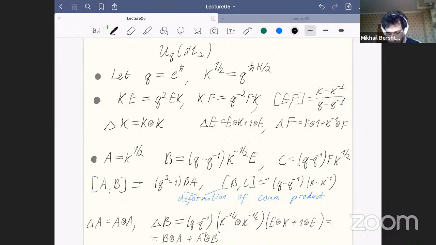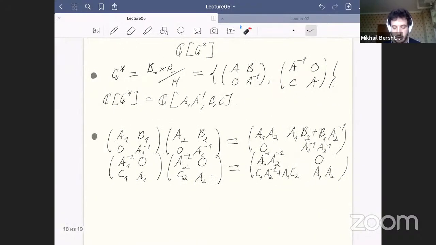So I'm saying that we have a deformation of the commutative product. It is natural to think that we deform the algebra of functions on some group, and it will be actually just the dual Poisson-Lie group. The dual Poisson-Lie group, as we said many times, is the product of two Borel subgroups quotient by H. So it will be a set of such pairs.